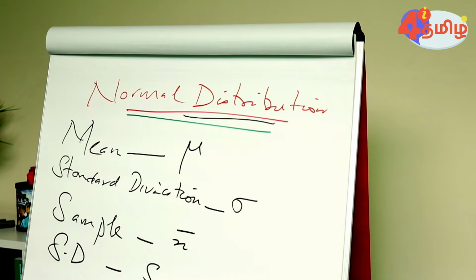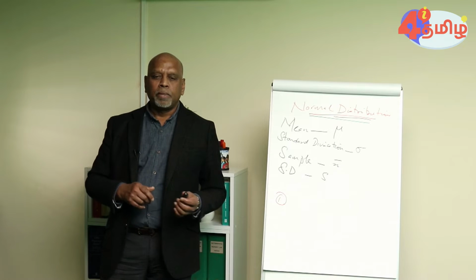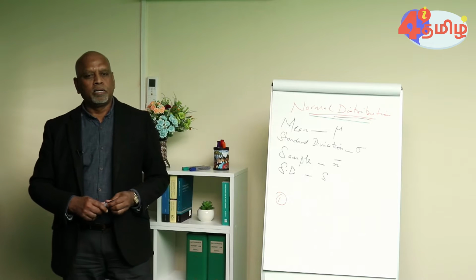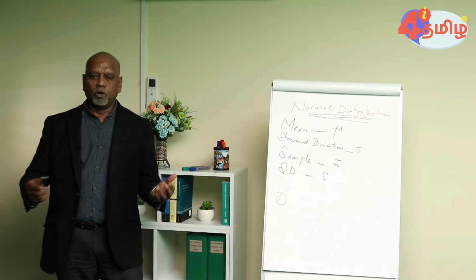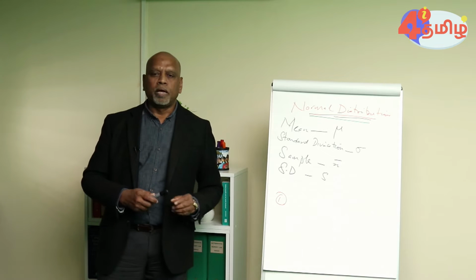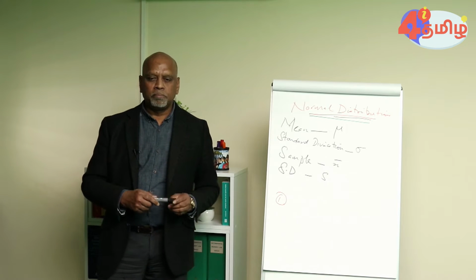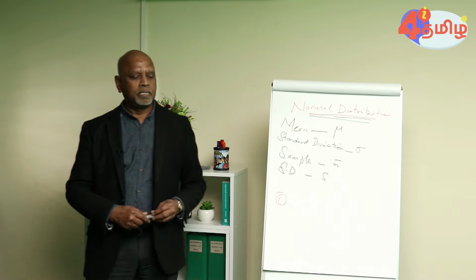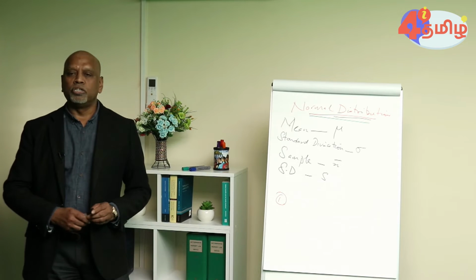When you actually collect data, that's the first part in statistics, collecting data. The data will be in various forms. One is numerical form or non-numerical form. We concentrate on numerical form. And when you come to numerical form, there are two types. One is discrete data, and the other one is continuous data.